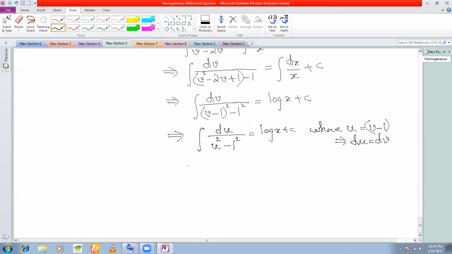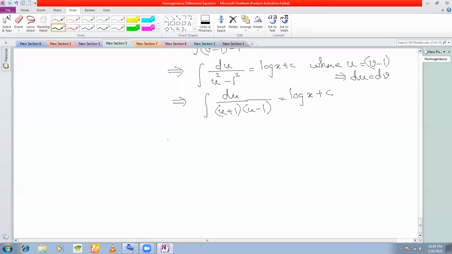That is what we have put here. Now what is du by u square minus 1 square? You can write this as du by u plus 1 into u minus 1 is equal to log x plus c, right?